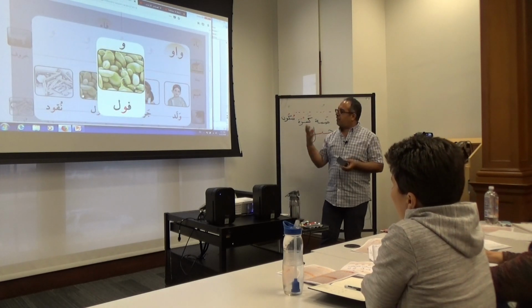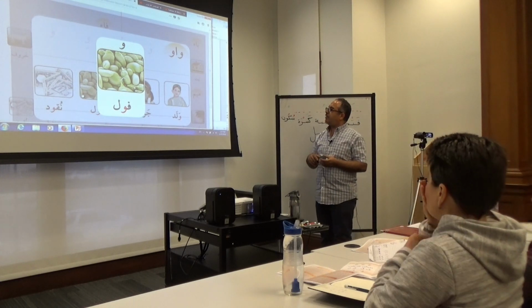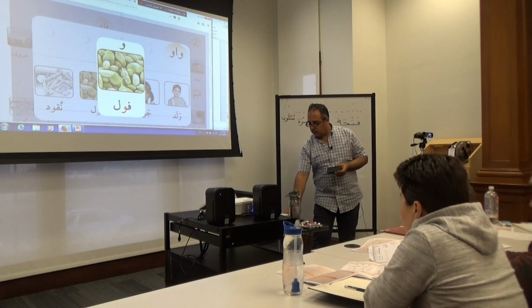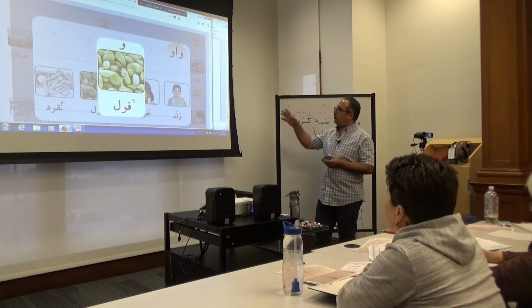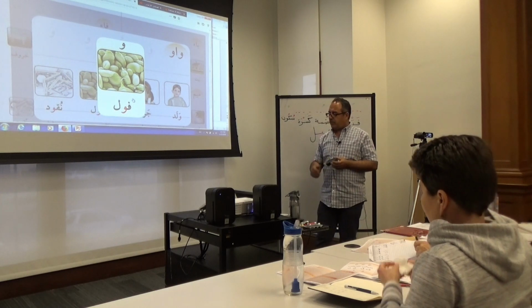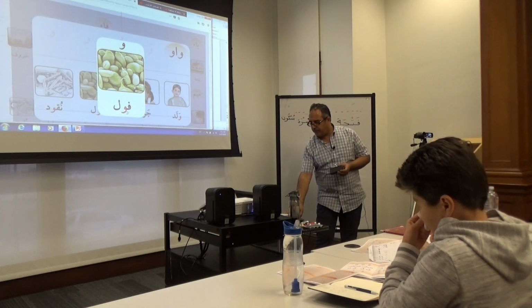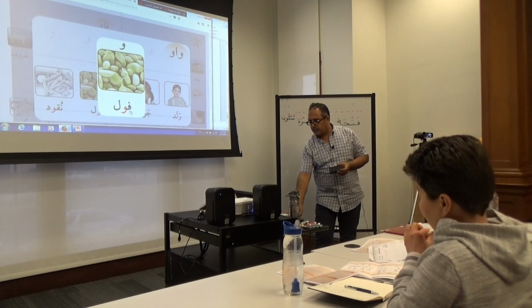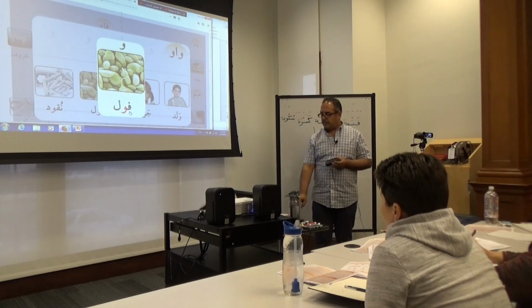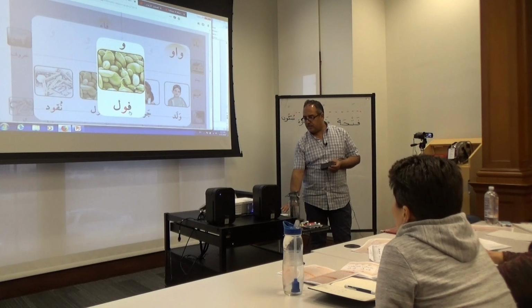Yeah, I see there's a lot of exercises and practice cards that we can use, and it is good to know how the letter is written in the middle or at the end, but this is an easy one. Okay, first one is what? Fa. And next letter is?